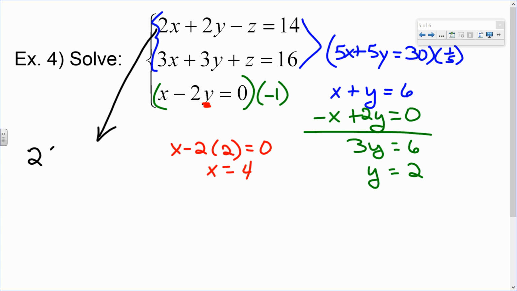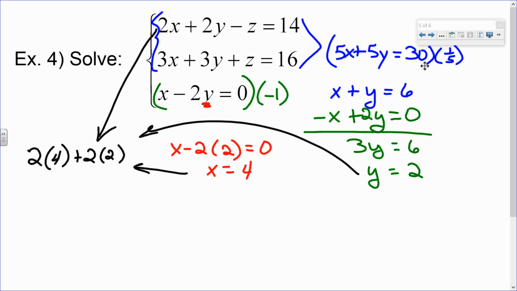I have 2 times x, so 2 times 4, plus 2 times y, so 2 times 2, minus z is 14. So 8 plus 4 is 12, and if I subtract that from both sides, minus z is equal to 2. Is that what I meant to have there?